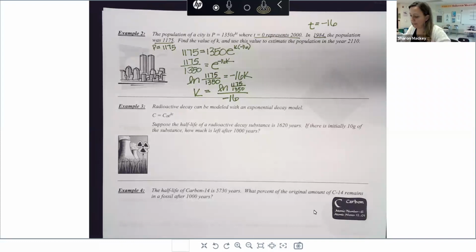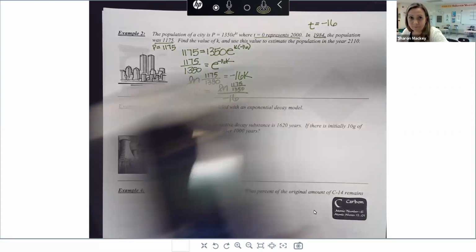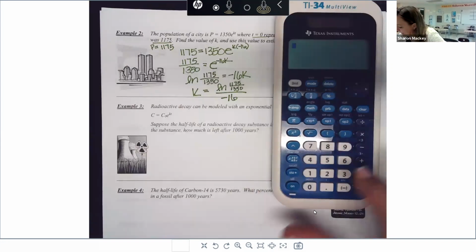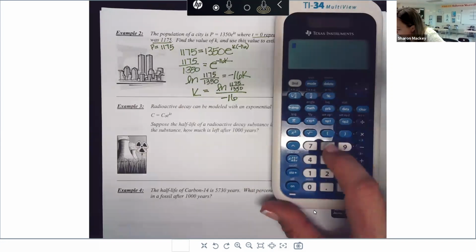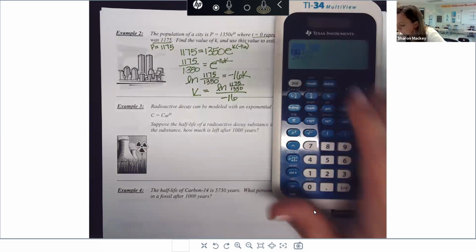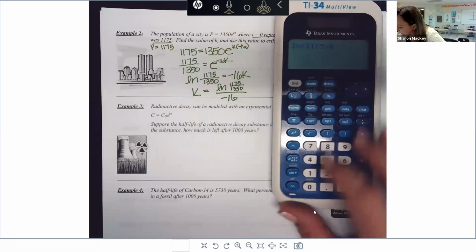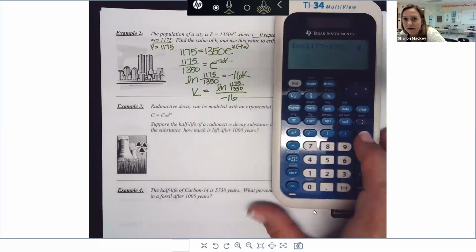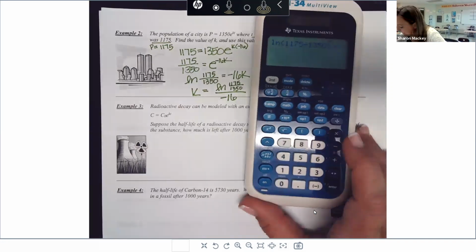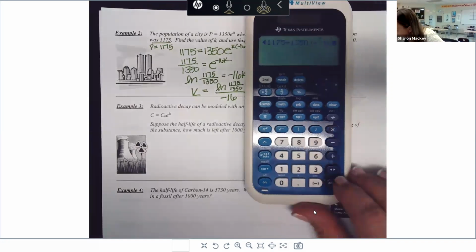All right, so again, we haven't written any decimals yet. So I'm going to take then the natural log of 1,175 over 1,350. And then divide that, you can still see it, divide that by -16, okay?